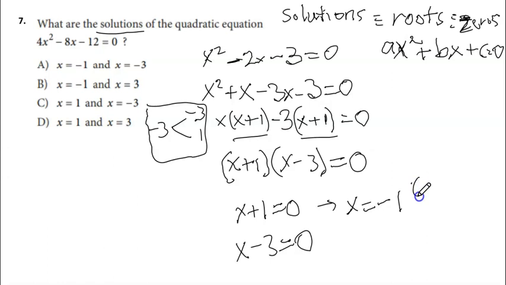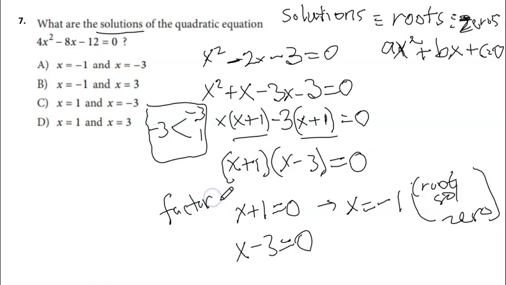This is what we call root or solution or 0, right? What I have on the left-hand side is what we call factor, right? And it's actually coming from these two. All right, I hope I'm not confusing you. This is important to get. Once you get this, you will begin to love functions, right?